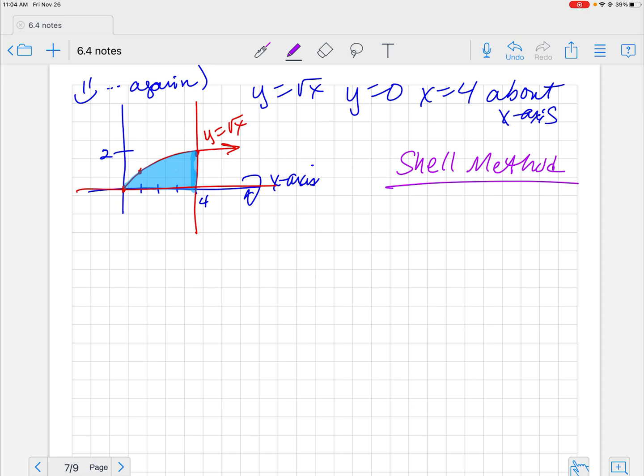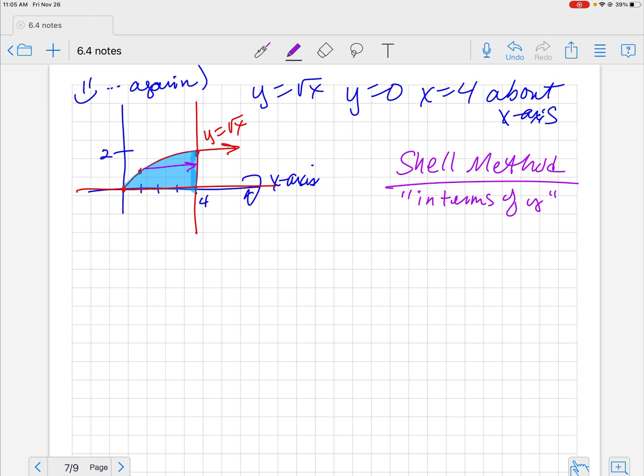Could we? Yeah, we could. Because if I'm going in this direction, I'm going from one function to another function. If I'm going about that x-axis, then I need to put everything else in terms of y. Let's make it happen, Captain.